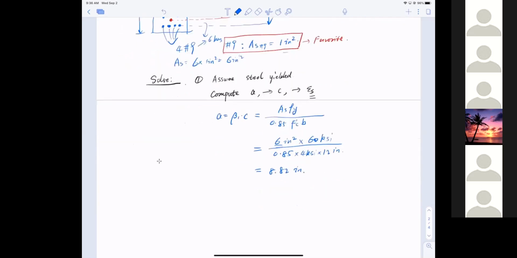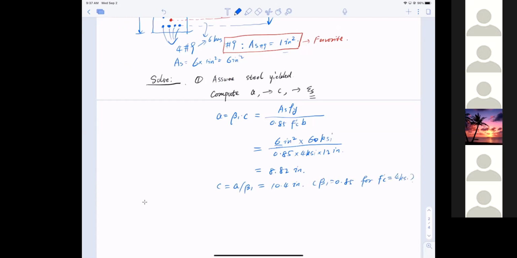To get the strain in the bar, I cannot use the effective zone. I have to use the actual zone. So c equals a divided by beta 1, so equal to 10.4 inches. Keep in mind that beta 1 equals 0.85 for f'c equal to 4 ksi, so this is embedded already.